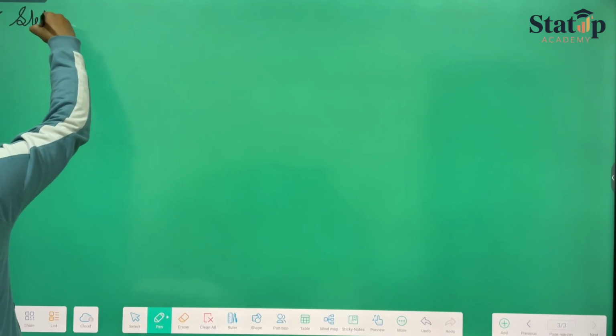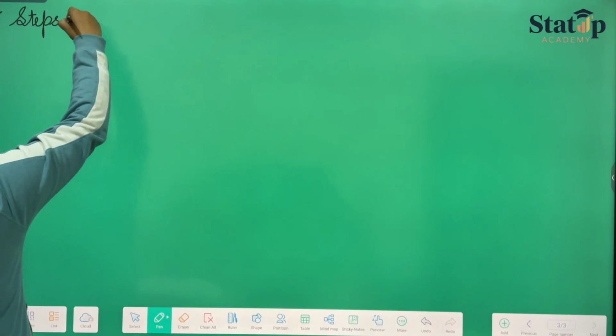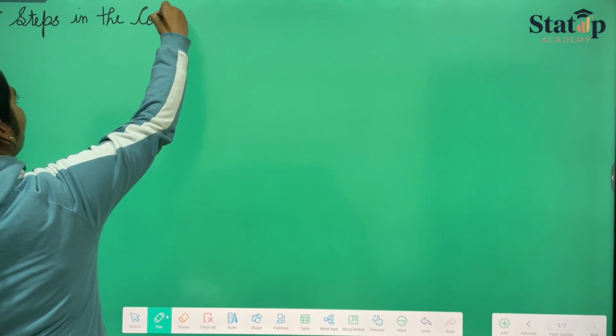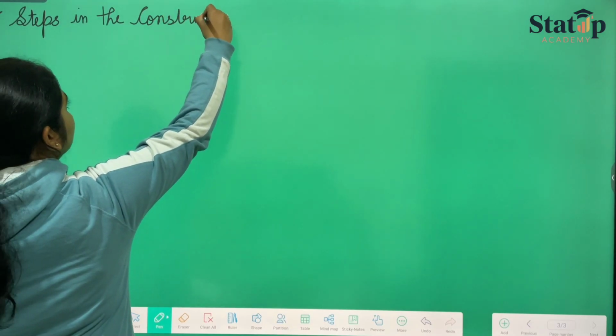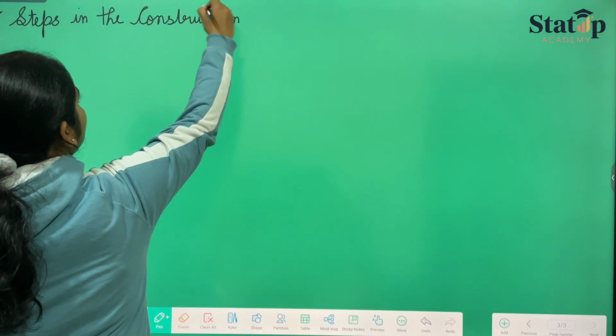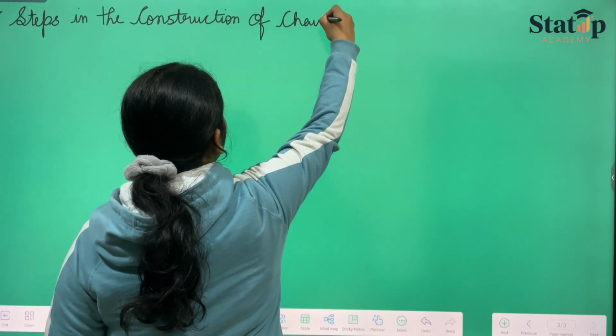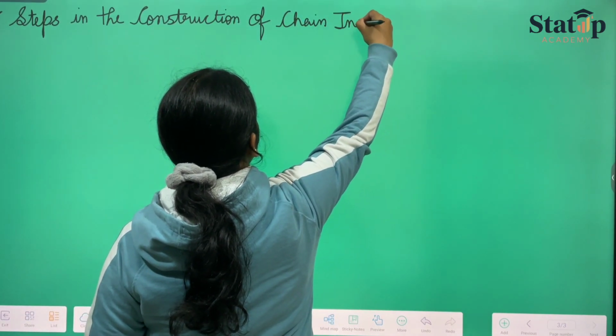How are chain indices constructed? Steps in the construction of chain indices.